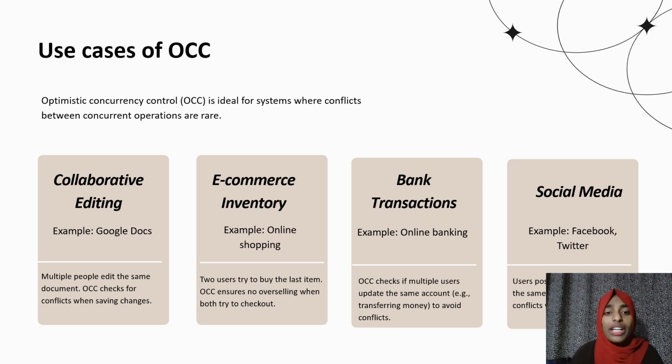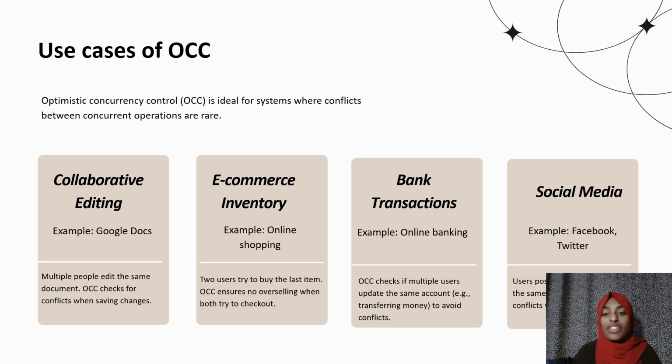E-commerce and inventory: we all use online shopping, right? In this, a situation occurs when two or more users try to buy the same item at a time. When users try to buy the last item, OCC ensures no overselling when both try to check out.